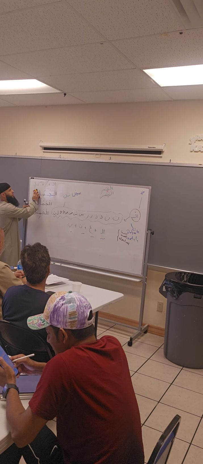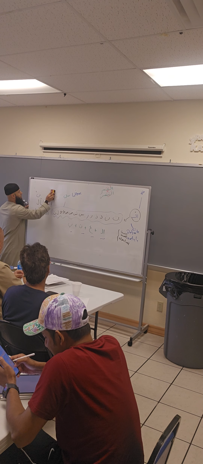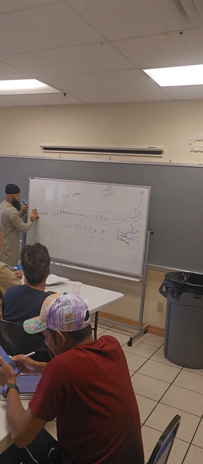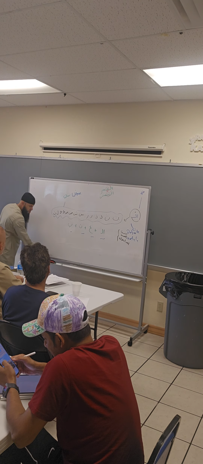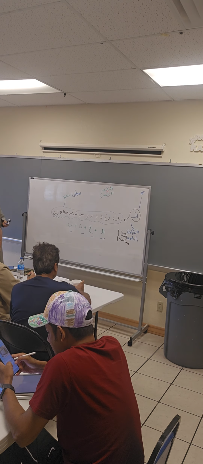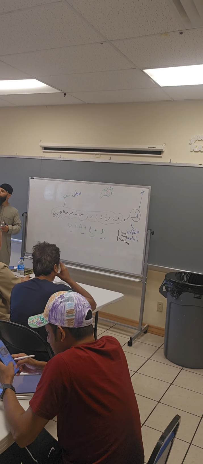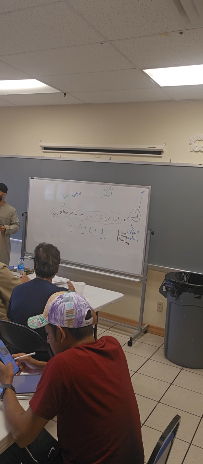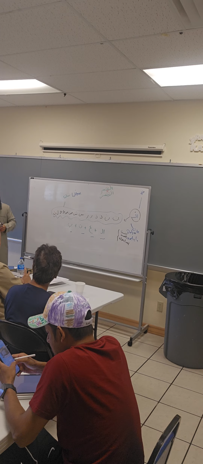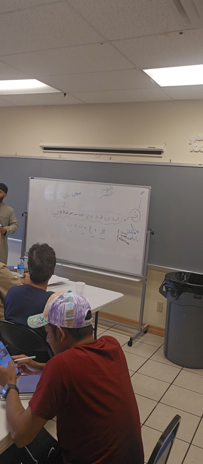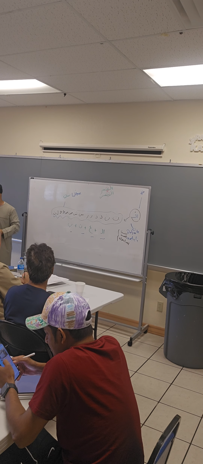What does Ar-Rahman mean? The most merciful, subhanahu wa ta'ala, Allah Azza wa Jal. And you see this name of Allah before every chapter of the Quran. He's introducing himself to us as the most gracious, you could say actually: Ar-Rahman, the most gracious, Ar-Rahim, the most merciful. Okay?